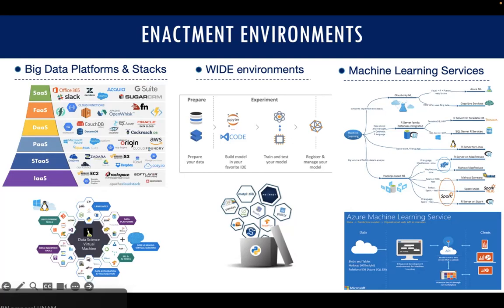On the other side of the spectrum, when your type of analysis is much related to machine learning and artificial intelligence, even if other models can be used, then you can have machine learning studios or services that provide you with the analytics tools together with storage and parallel processing tools.